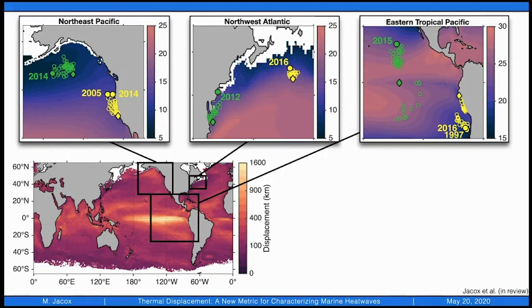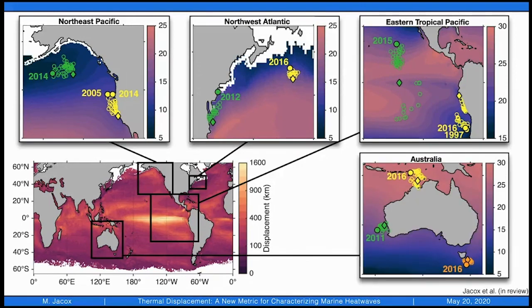And then if you look at a location along the equator, of course, sometimes the displacement is to the north and sometimes it's to the south. And these distances, again, in this case, are up to 2,500 kilometers. And the last example I want to show is just the Australian waters, where there's been a huge amount of research on marine heat waves.